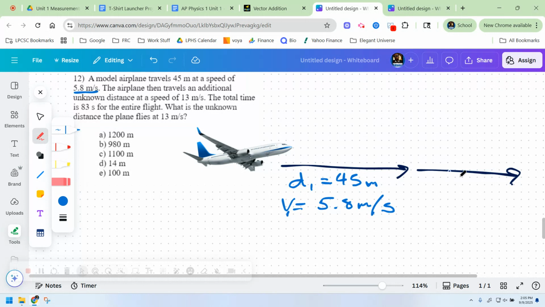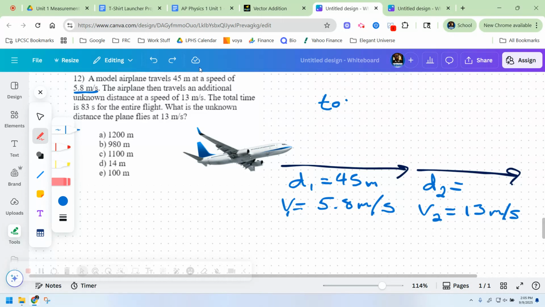Then it travels an unknown distance. We don't know what that is. But the second part of the trip, the velocity is 13 meters per second. And then the total time for the trip.